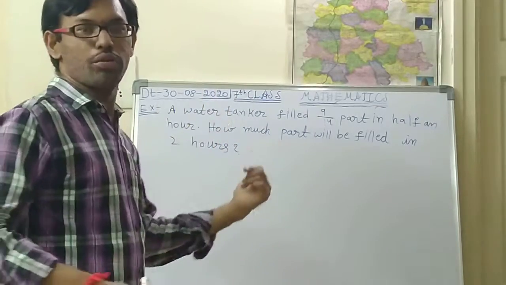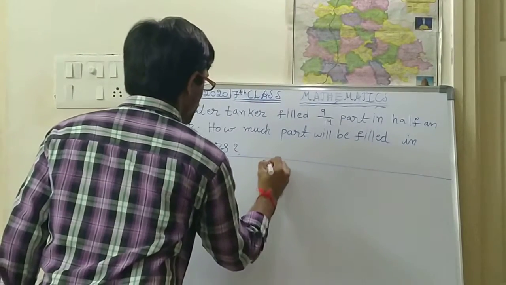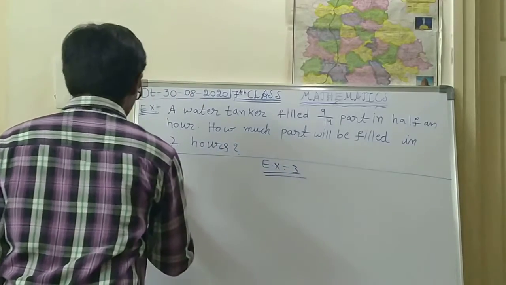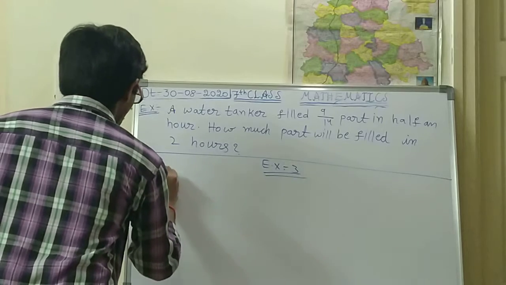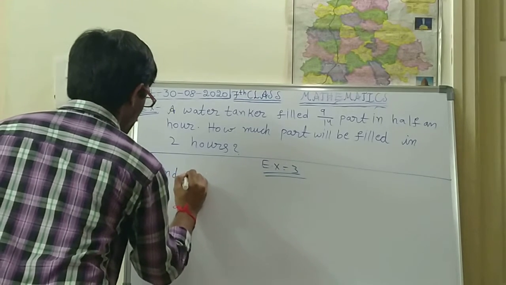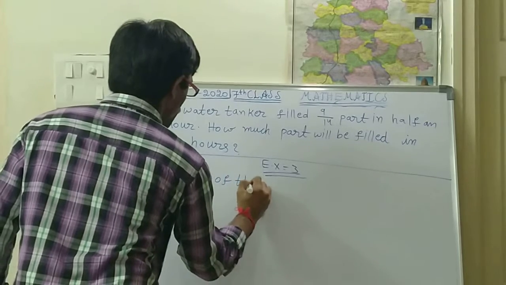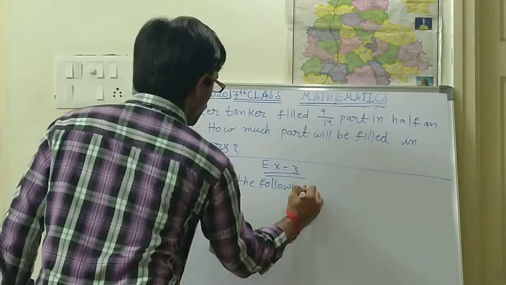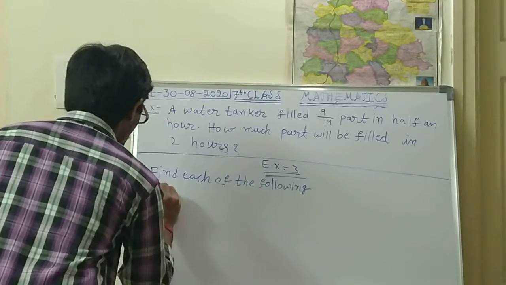Same like the swimming pool problem. Okay, next, exercise 3. Exercise 3 homework. First bit: find each of the following products.